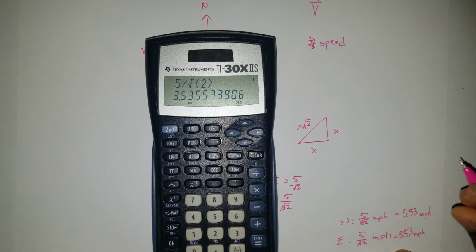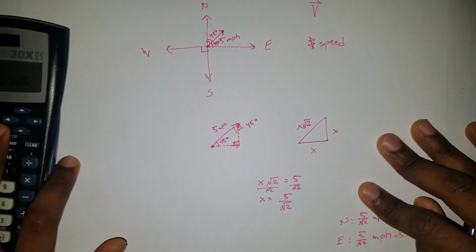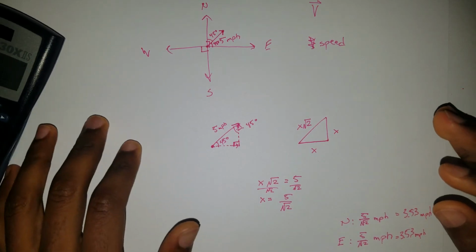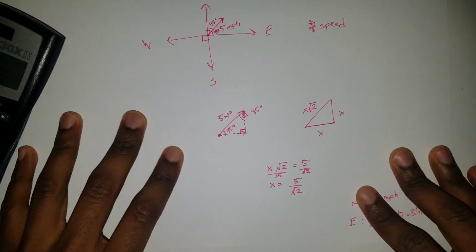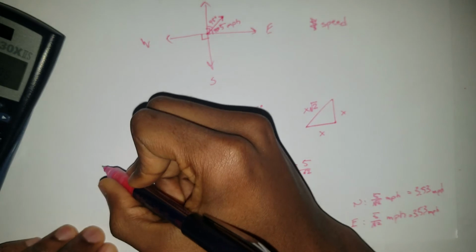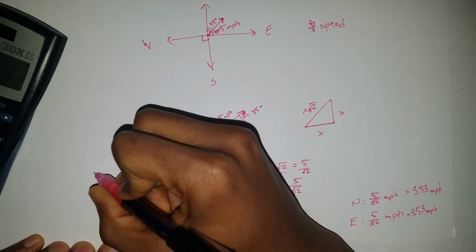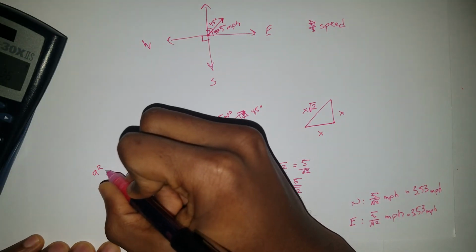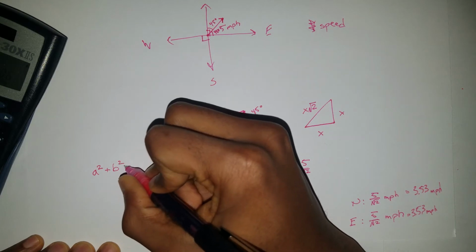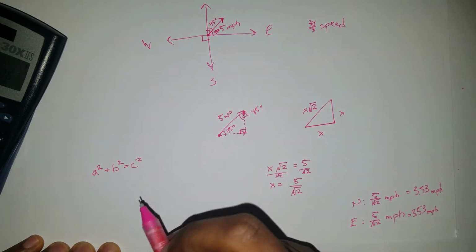And if you don't believe me and you want to check, just to make sure, we can use the Pythagorean theorem, which says a squared plus b squared equals c squared.